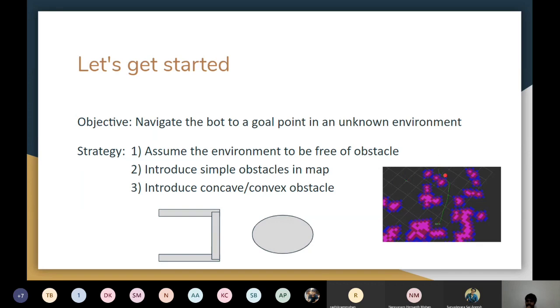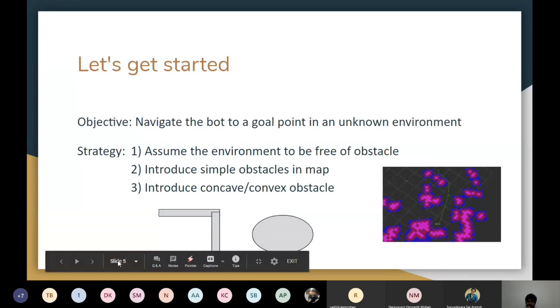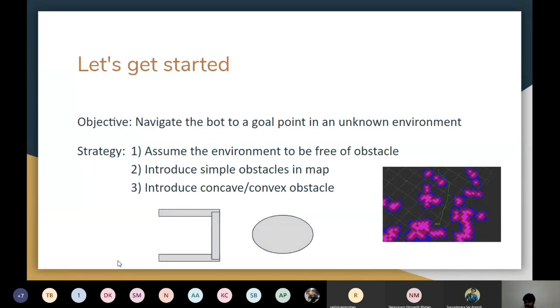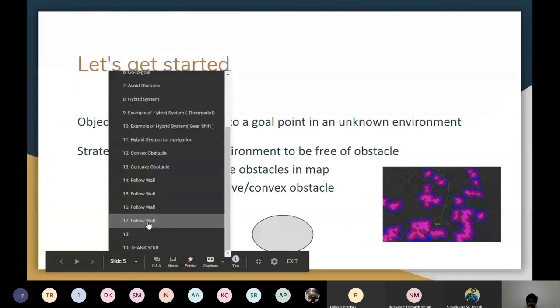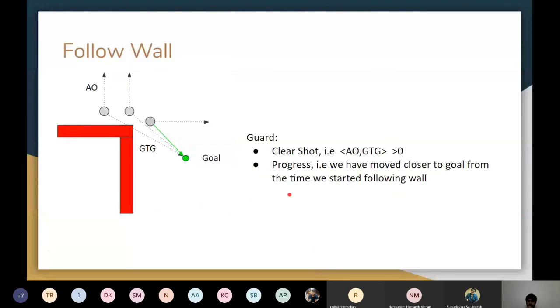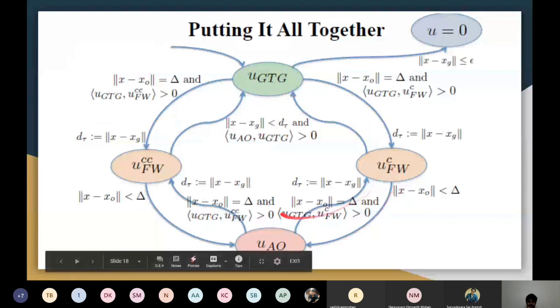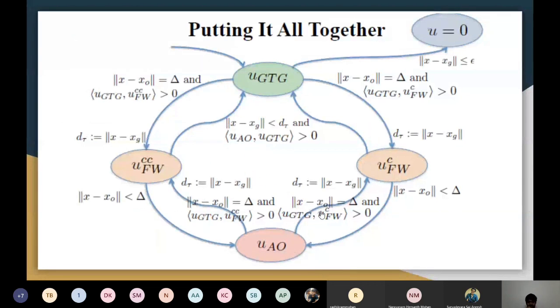I have progressed in the direction of the goal as well as have a clear shot to the goal, so I started back to goal behavior. This is a very basic thing that we can do to solve a navigation problem in an unknown environment. Now if anybody has any question, I'd like them to raise it. This is pretty much what I wanted to deliver on this topic.